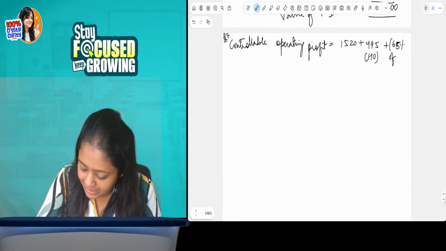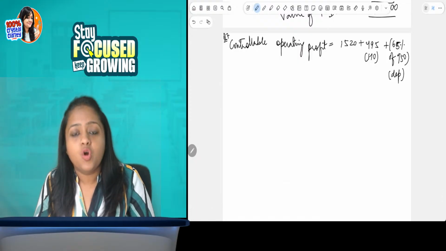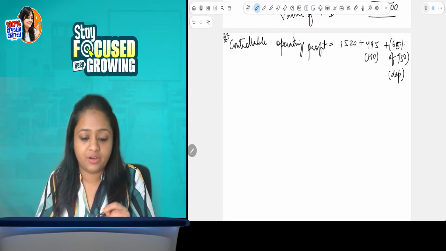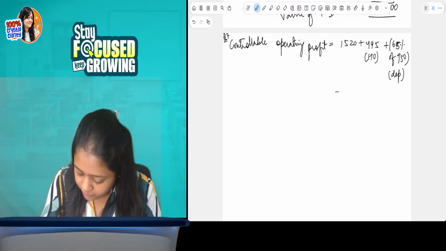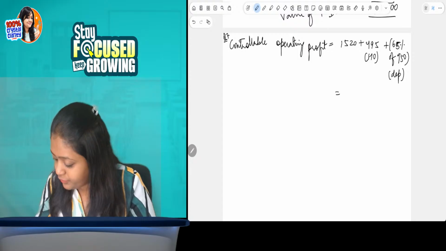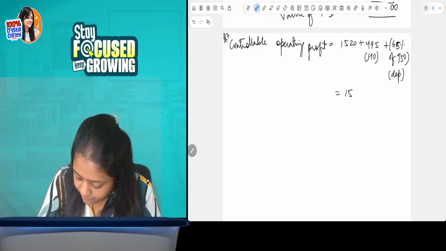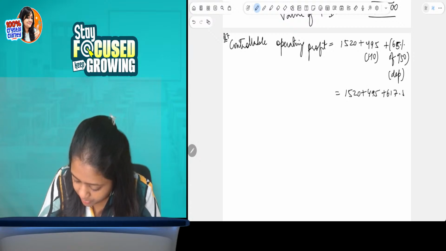So 65% of 950 is on account of depreciation on the assets which are controlled by head office. Now let's calculate. 65% of 950 is 617.5. So I will have 1520 plus 495 plus 617.5.